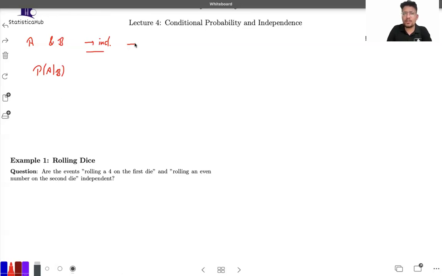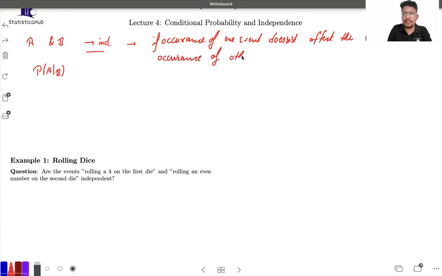So in that particular concept, I can simply write: if occurrence of one event does not affect the occurrence of the other event, then they are independent events.